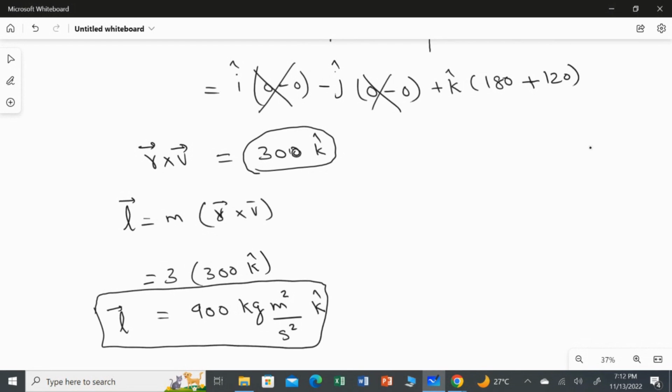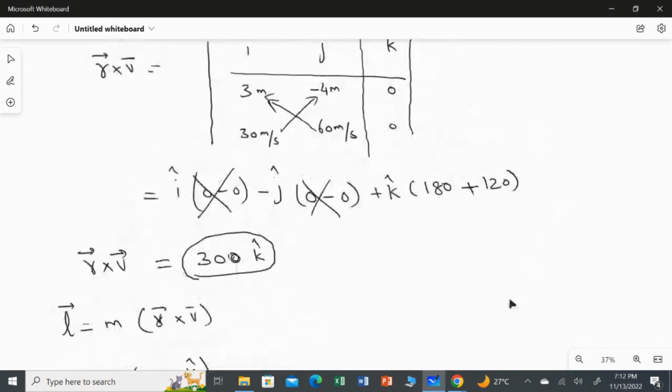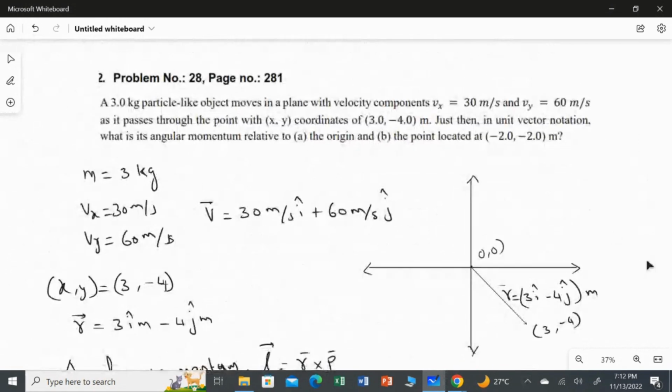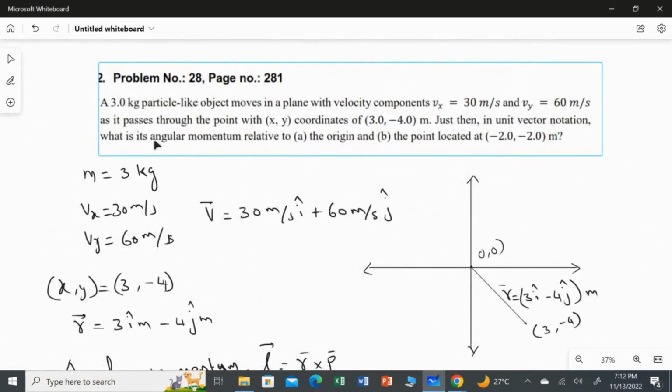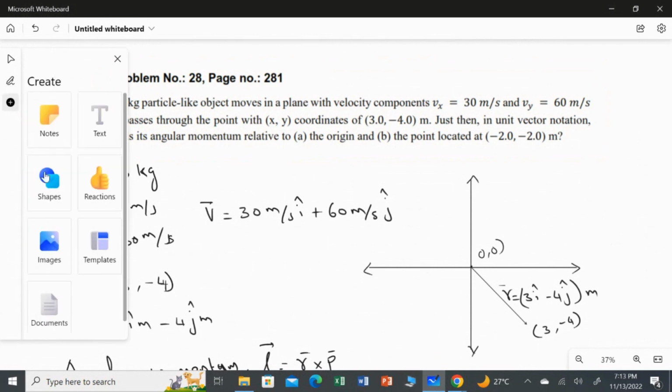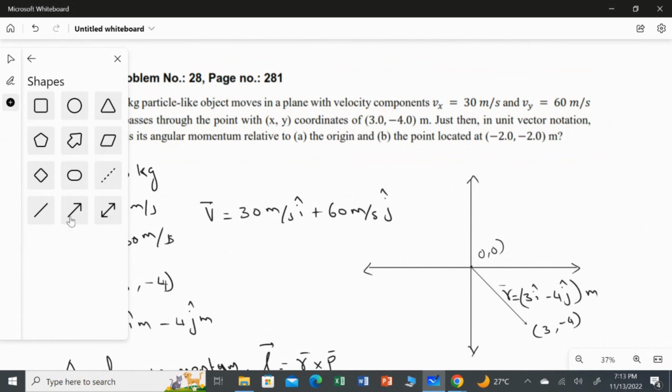Likewise, we have the second subdivision also. So better we can read what is given in the second part. In the second part, again, you are going to find the angular momentum related to the point -2 meter. That means it will come to the third part, third quadrant. Am I right? So better I can make a line here. Right?